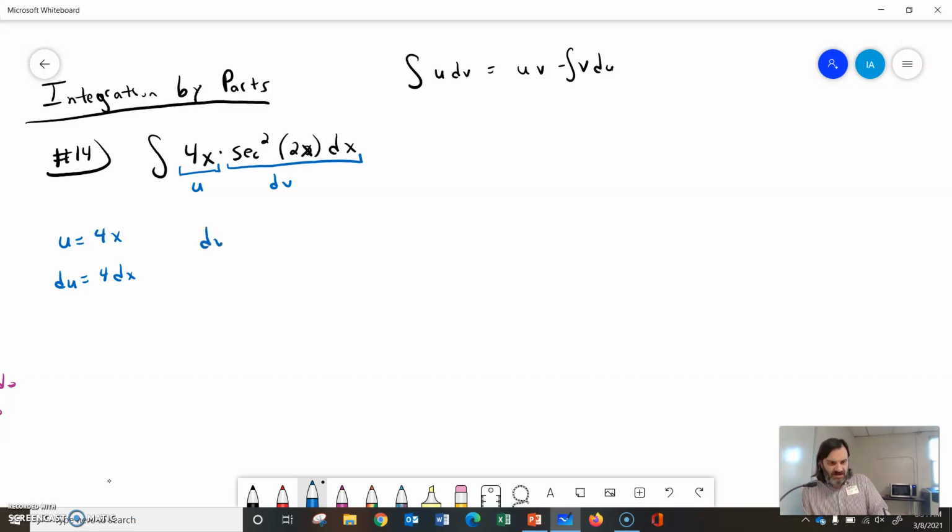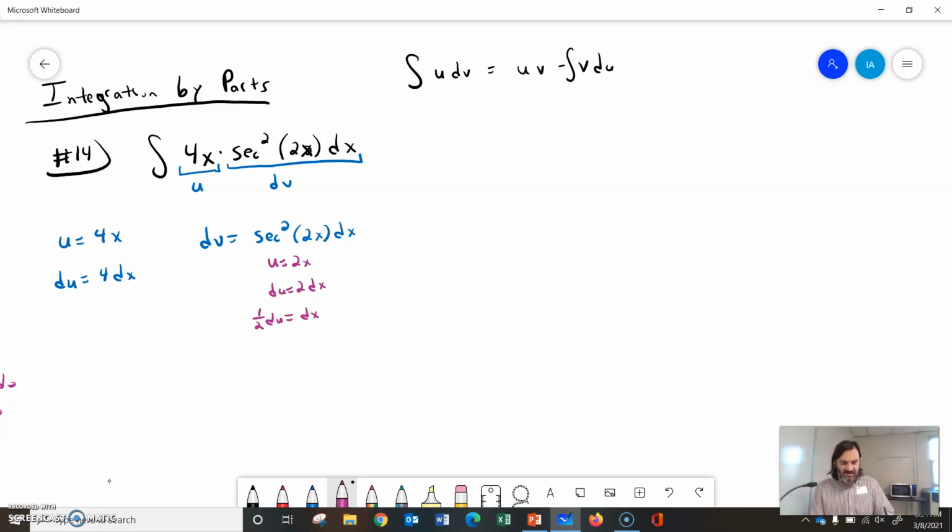The other thing here, dv equals the secant squared of 2x dx. We can integrate this using a u substitution. We can let u equal 2x, du equal 2 dx. So in that case, 1/2 du equals dx.